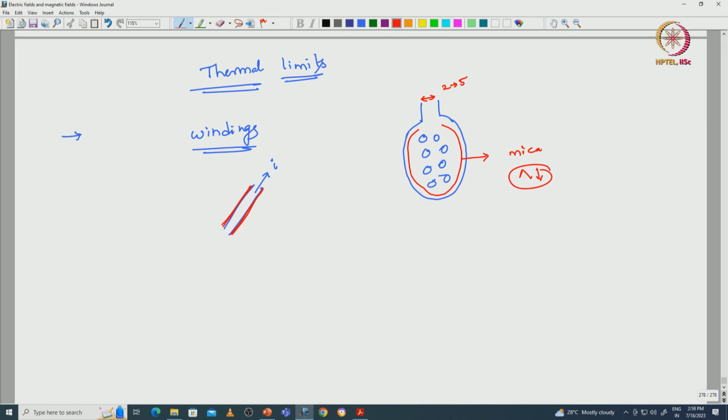It is insulating electrically as well as thermally. The thermal conductivity of the insulating paper is very low, and direct conduction or convection towards the core is not possible because of these slot liners.